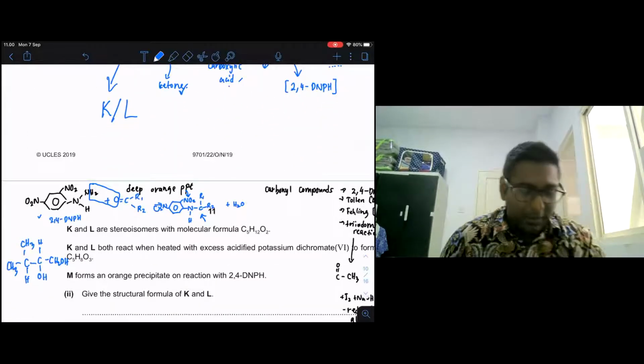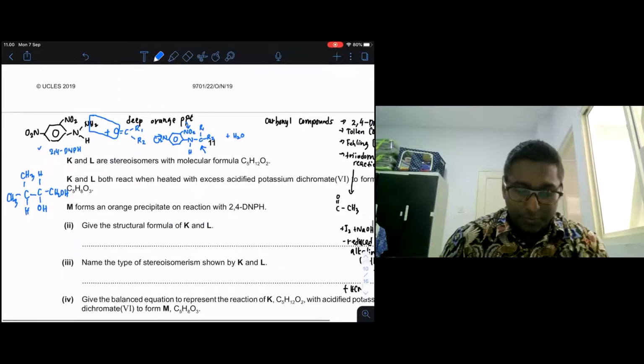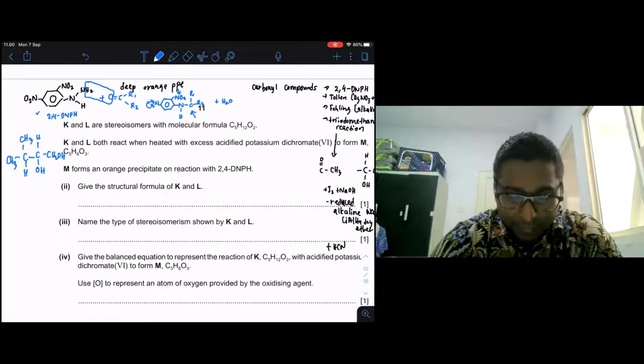Now this is from here. I know that this is going to be K or L. To make it easier, I have drawn it over here. So K and L are stereoisomers with molecular formula C5H12O2.